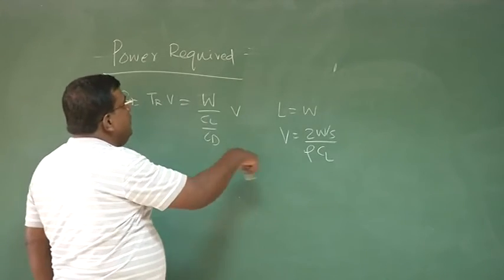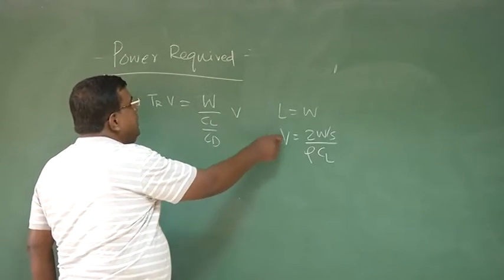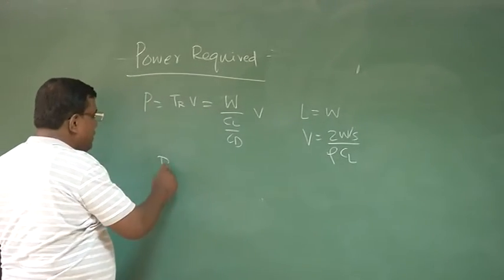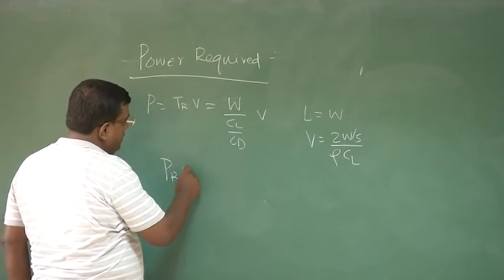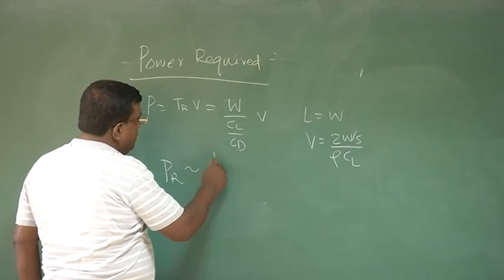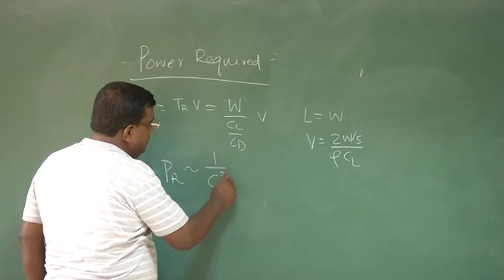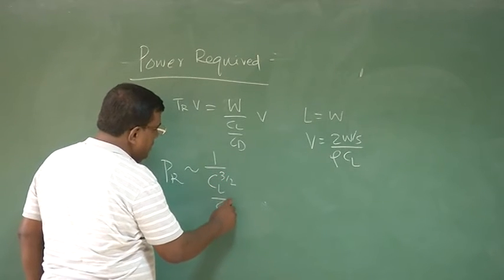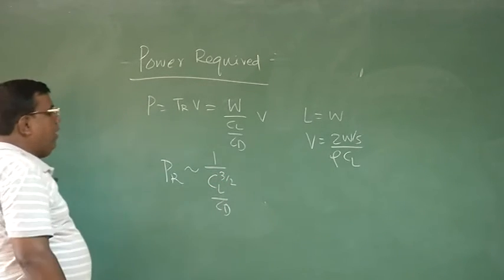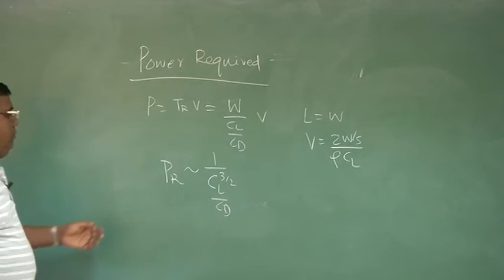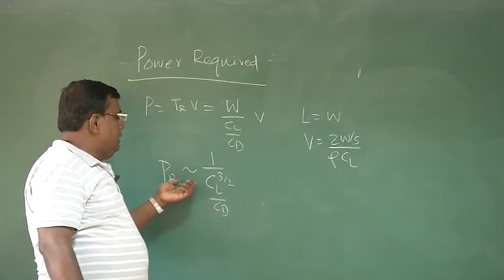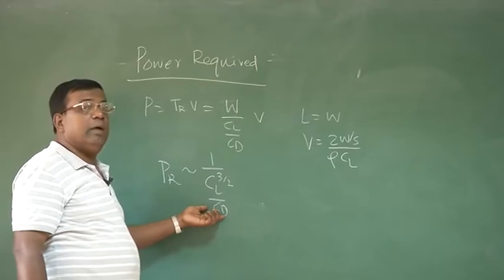And in this, when we substituted V here, we realize power required will be proportional to CL to the power 3 by 2 by CD. And for power required minimum, we realize that CL to the 3 by 2 by CD should be maximum.